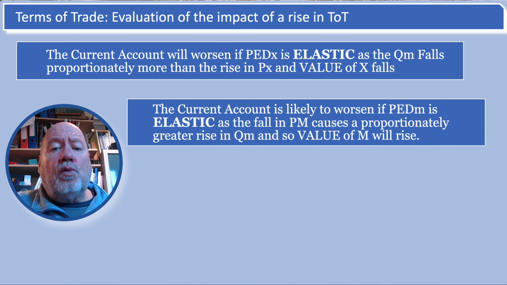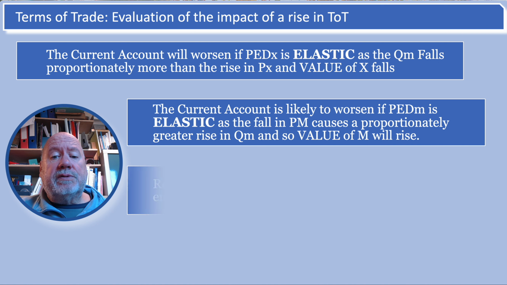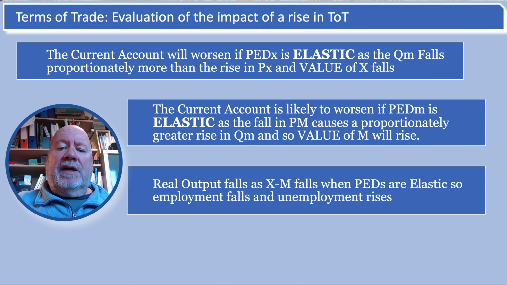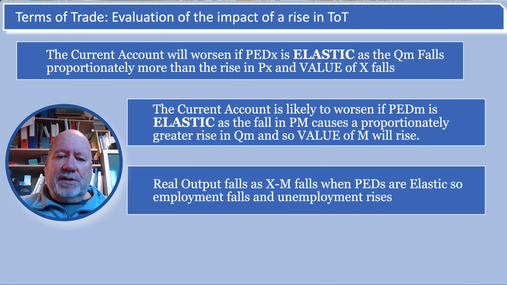The current account is going to worsen if you have elastic PED for X and elastic PED for imports. Another one, the real output is going to fall because, again, X minus M is going to worsen, aggregate demand is going to shift in. If it's elastic, employment will fall and unemployment will rise.